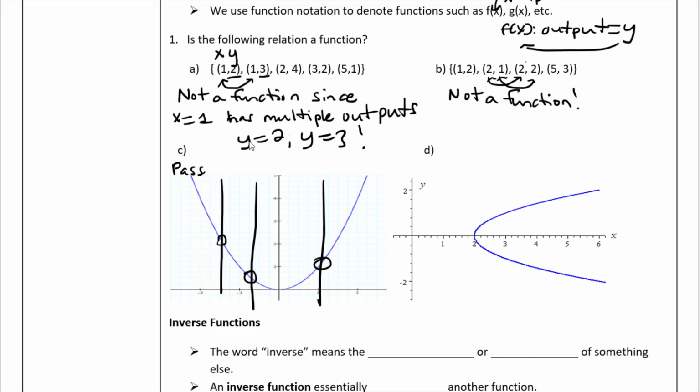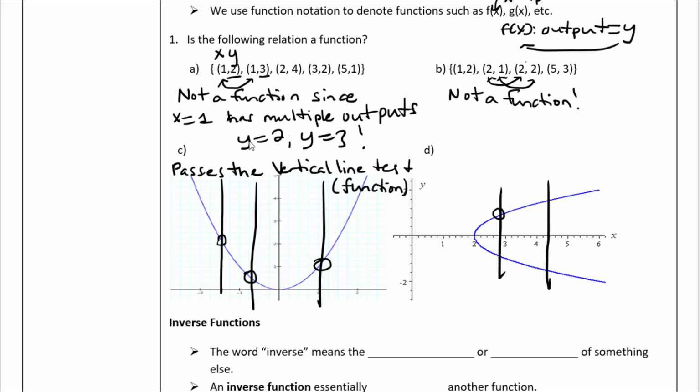So it passes the vertical line test. That means it's a function. It only crosses at one point. If you look at D, if you put a vertical line through that, it crosses it at more than one point.